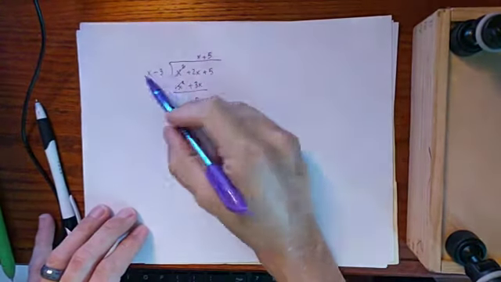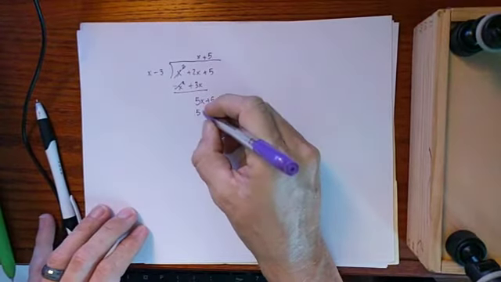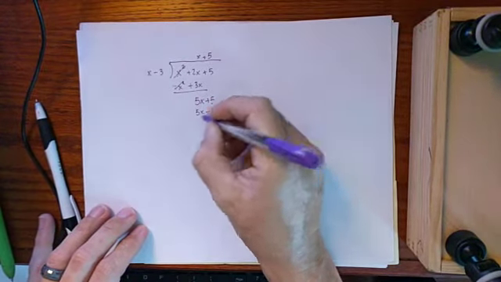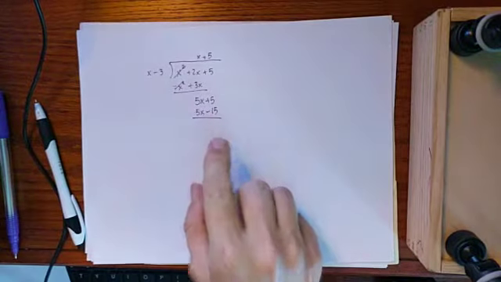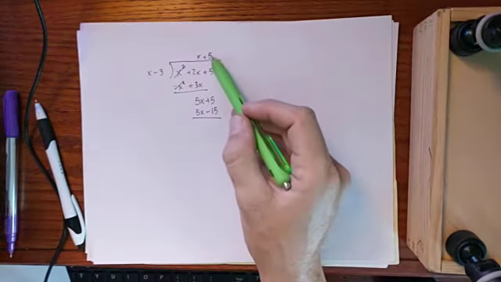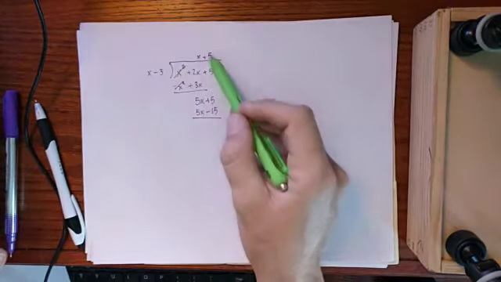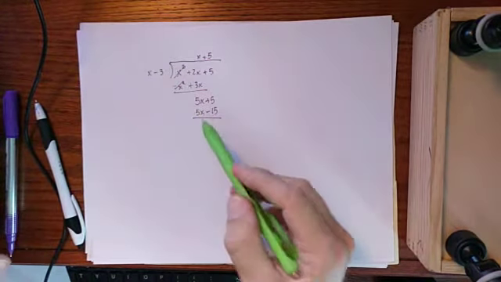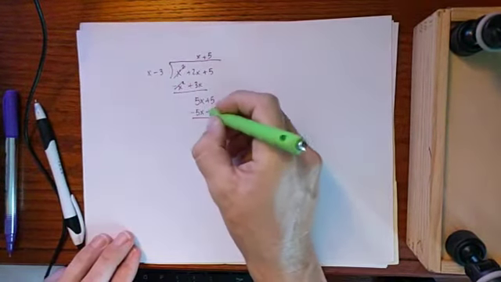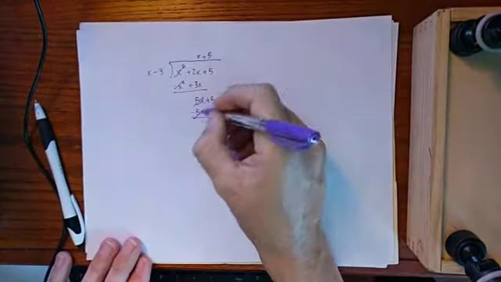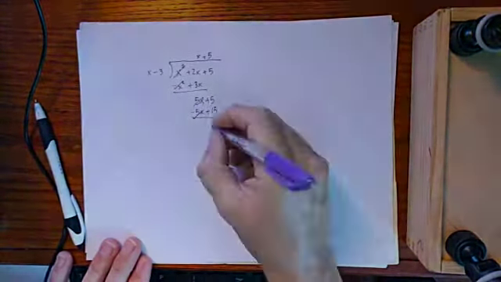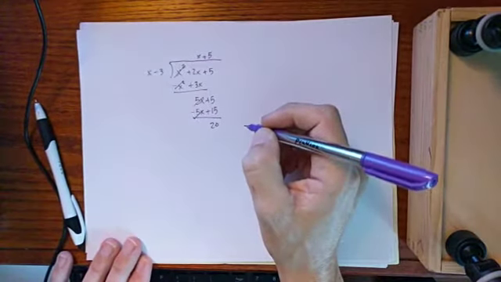So I'm going to multiply the 5 by the x minus 3 and get 5x minus 15. You might be saying, why is that a 15? Well, the reason for that is because I distributed. I did 5 times x and 5 times negative 3. All right, don't forget you have to add the opposite or subtract so that your leading terms cancel out. And then I have a remainder of 20.